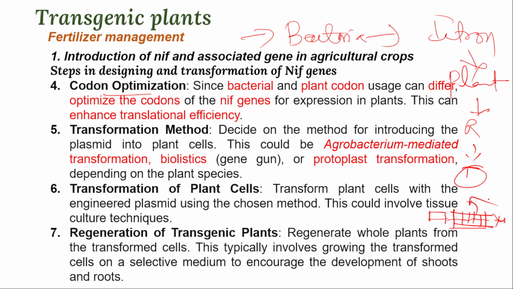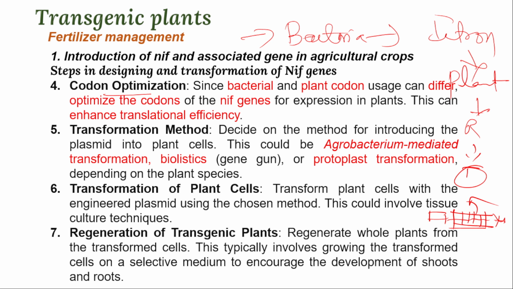Nitrogenase enzyme will not be produced, because there is an incompatibility of genes between bacteria and plants. Plants have intervening sequences and exons that are spliced out in post-transcriptional modification. Because of that, we need codon optimization to enhance the translation efficiency in the host plant.